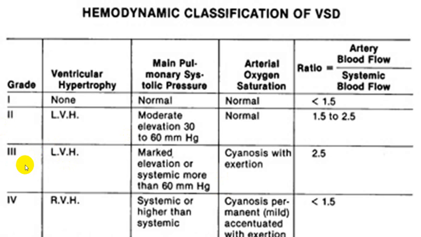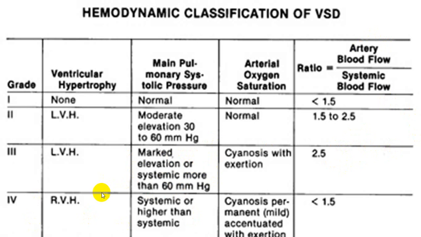In grade 3, LVH will be there still. Now cyanosis on exertion will be there. So the person will start developing decreased arterial saturation on exercise, and the pressure in the pulmonary artery will start rising more than 60 millimeter, meaning more than systemic pressure. So that will be a starting point where reversal will start, and the ratio is 2.5.